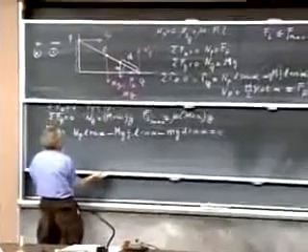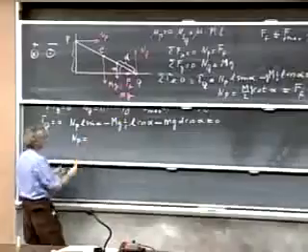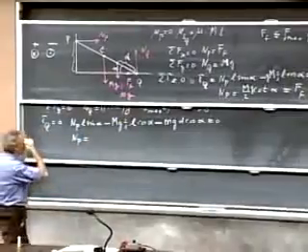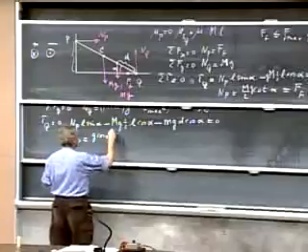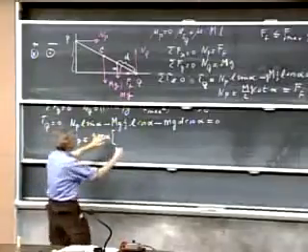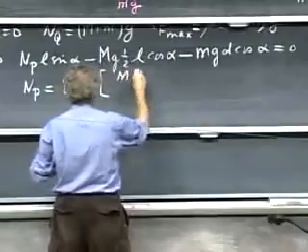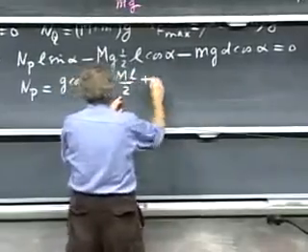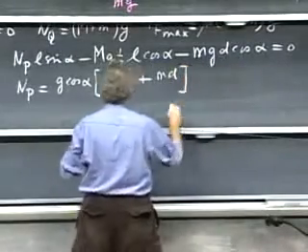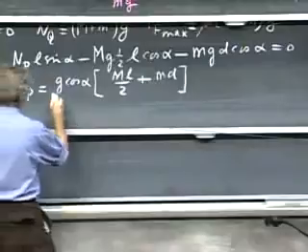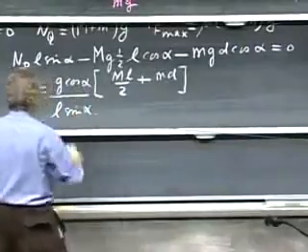So I'm going to take N of P out of here. I can take G cosine alpha out. So if I take G cosine alpha out, I have ML divided by 2 left over, plus little md. And then I have to divide by L sine alpha.